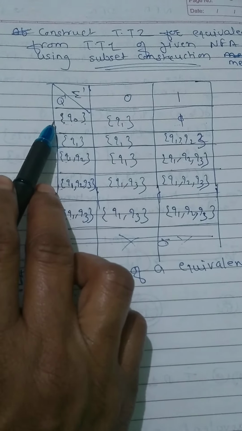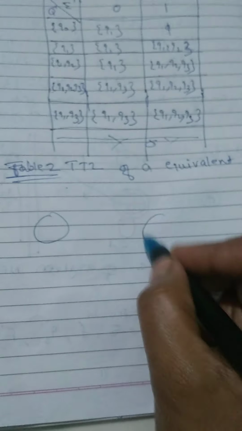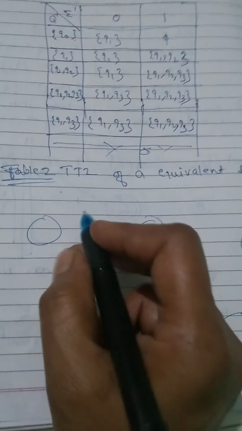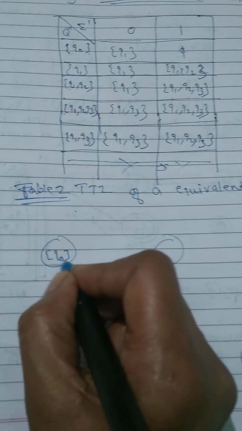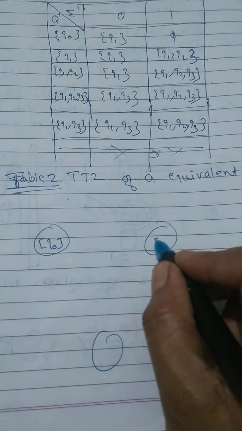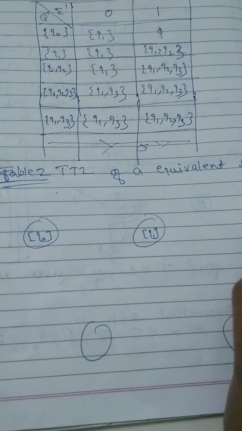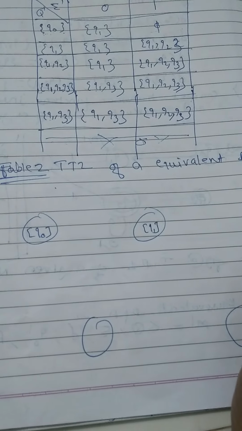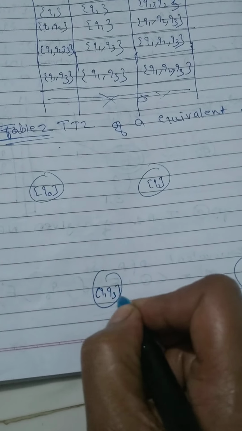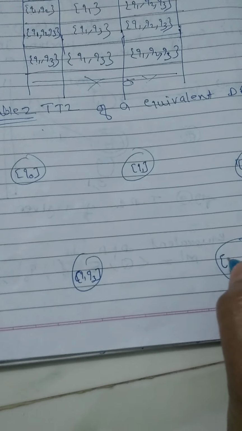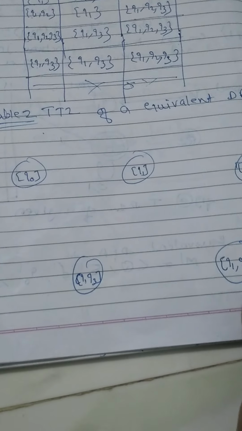equivalent DFA. Now just draw those number of circles, 1 2 3 4 5. Then you note down this one. You have to note this without curly brackets, that means in square brackets, like this way. This is the first state, then second is Q1, third is Q1 Q2, next is Q1 Q3, and here consider Q1 Q2 Q3.